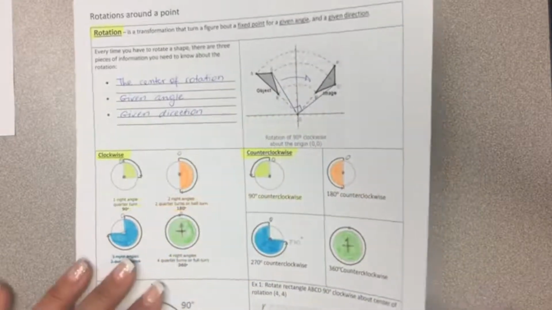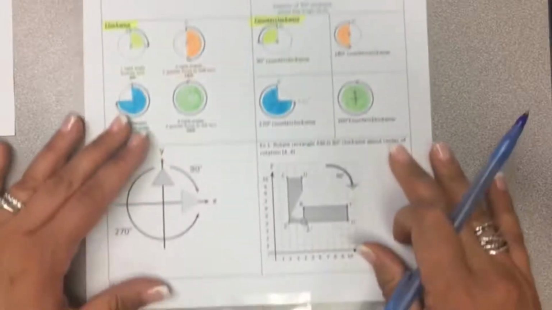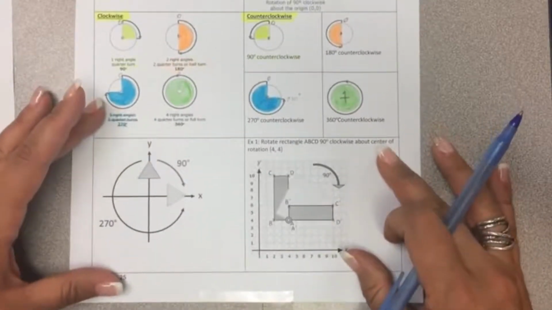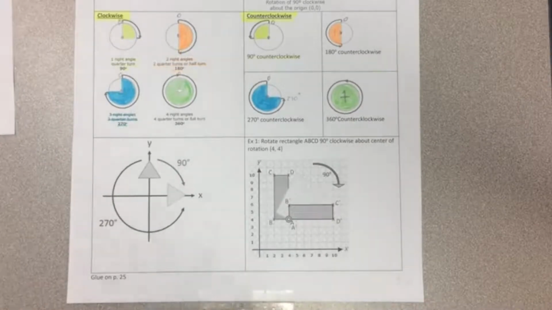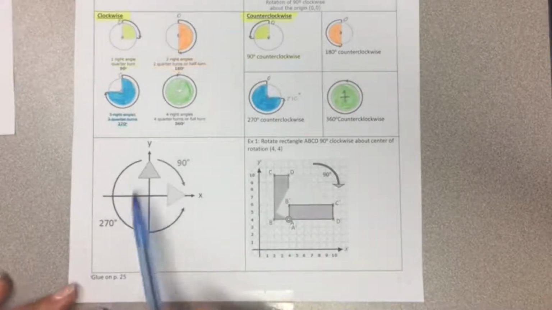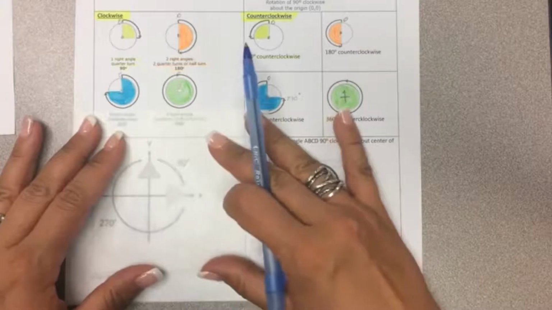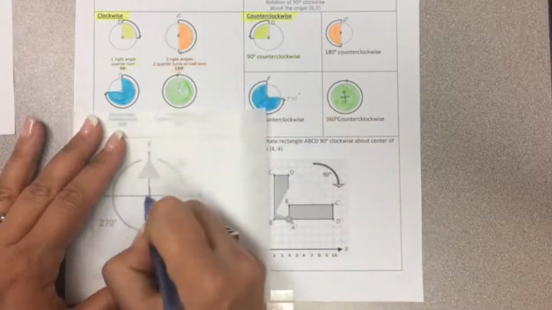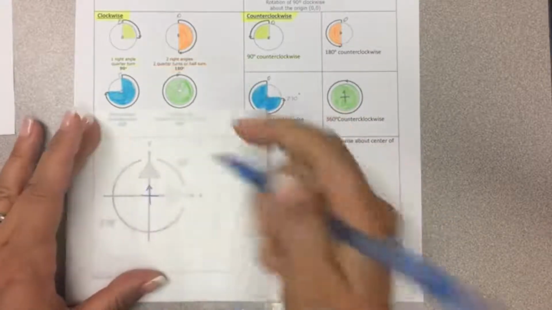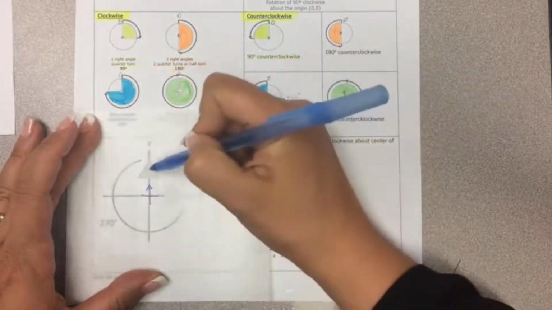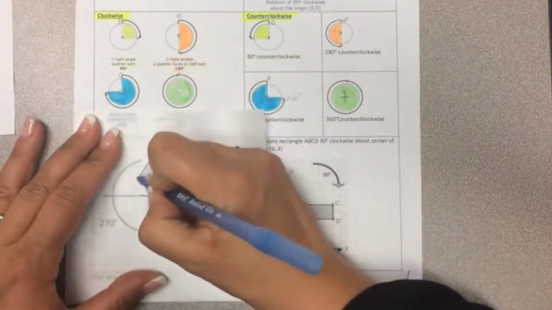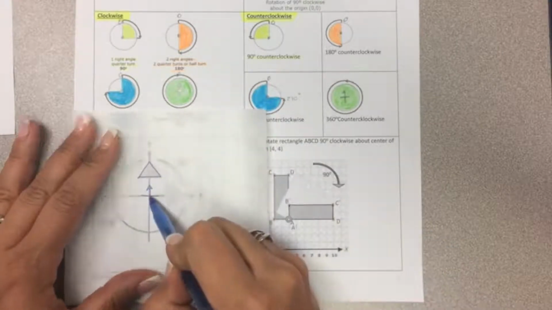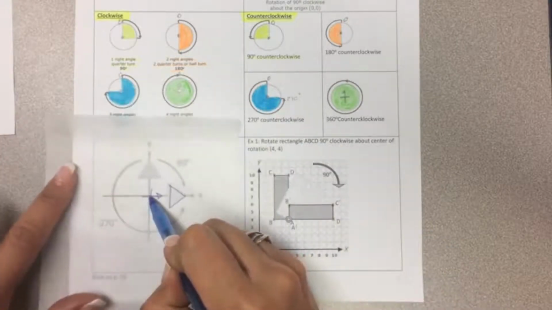Let's see a few examples here of rotations that I have on the coordinate plane. Two triangles. Which is the pre-image, which is the image. So let's say on this example with the top triangle, I can rotate it 90 degrees clockwise, and that will be its image.